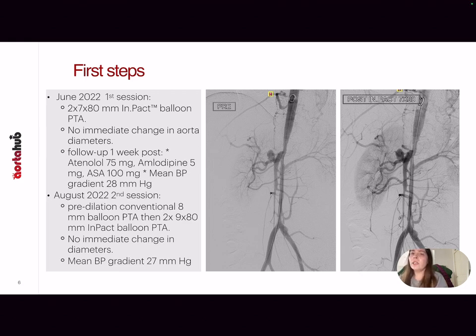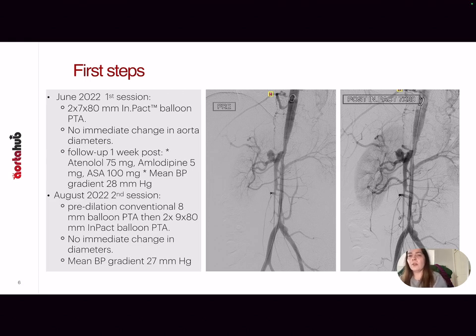We did not see any immediate change in the diameters during the angiogram. 1 week post procedure, he was in good shape with the mean blood pressure gradient of 28 millimeters of mercury.